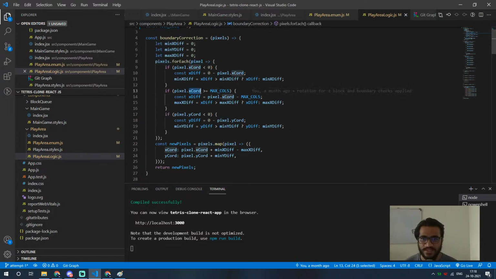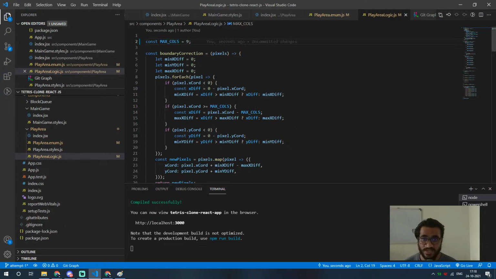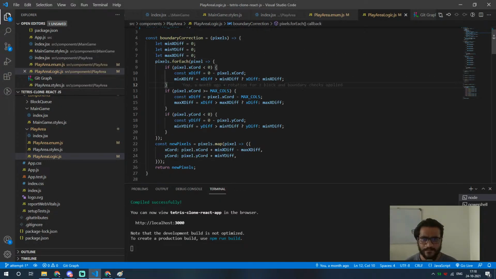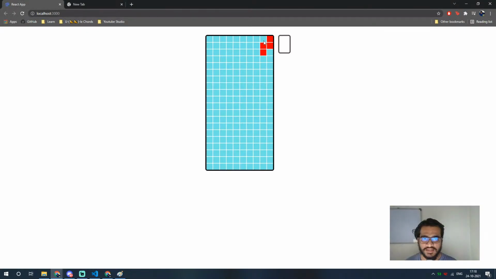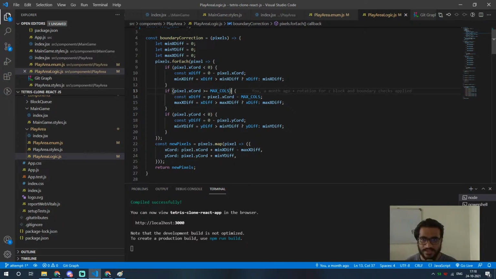So, if pixel x is greater than or equal to max column, which was 10, now it's 9, it would get the diff. The logic behind this boundary correction is that it would first check in this if statement whether that particular pixel is out of boundaries. If true, then it would take a diff.